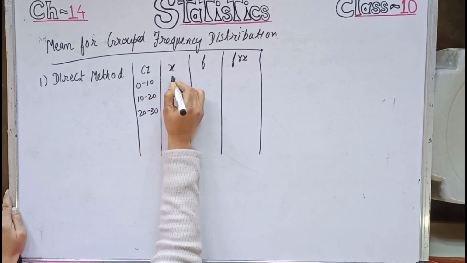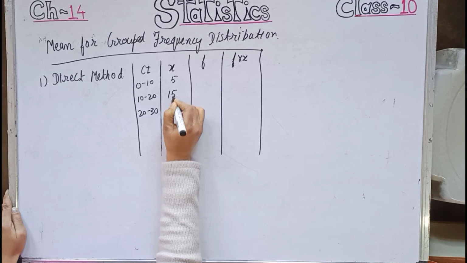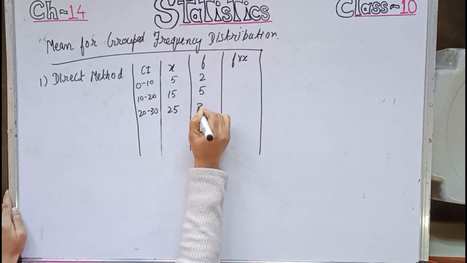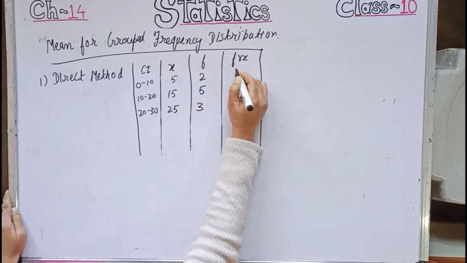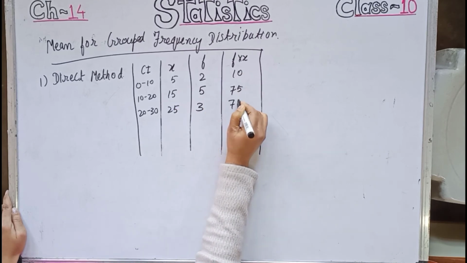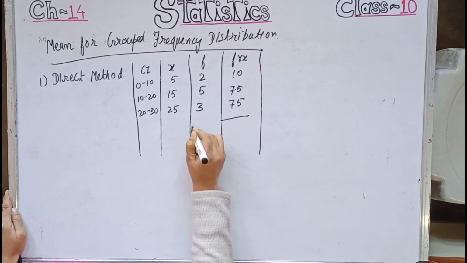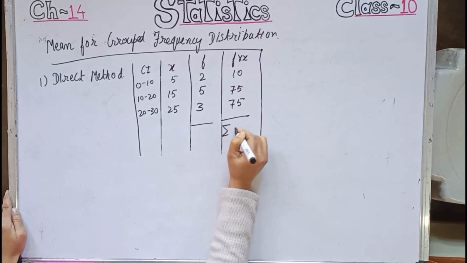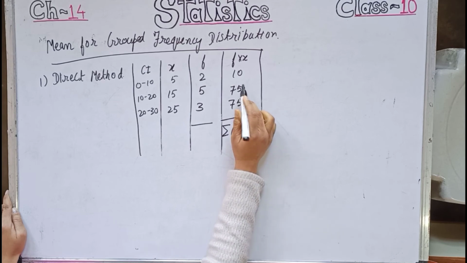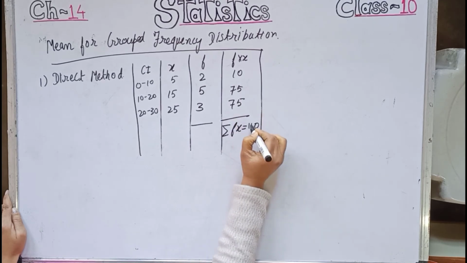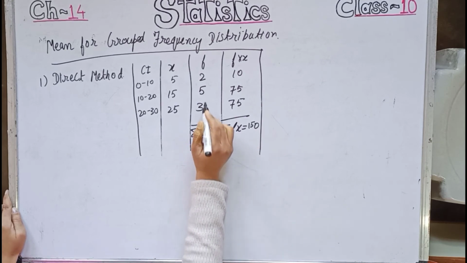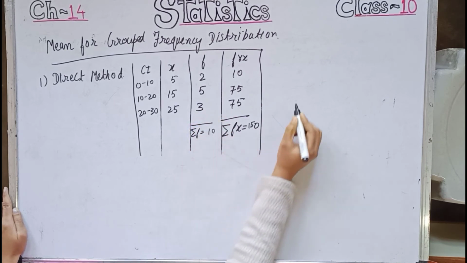Now variate will be 5, 15, 25. Frequency suppose 2, 5, 3. Then fx we will do 10, 75, 75. Then we will be finding summation of fx. Summation fx will be 150. And summation f will be 10.